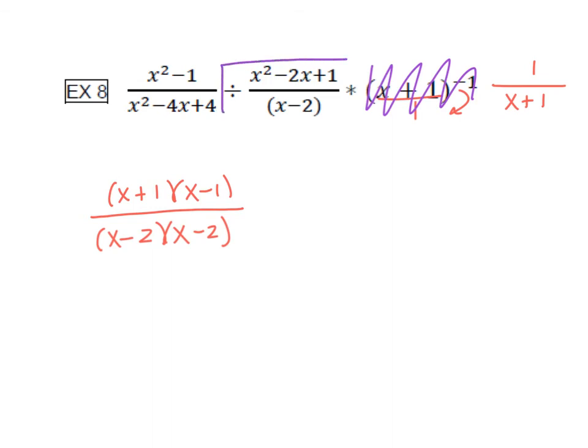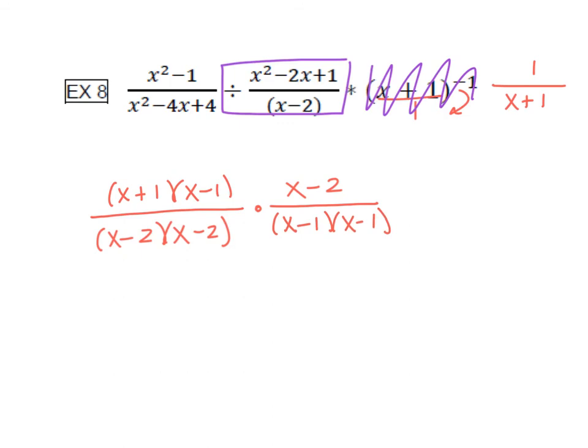All right, divided by this fraction. Remember, we're going to take that division, turn it into multiplication. That x minus 2 goes on top because we're flipping that fraction. And on the bottom, we're going to factor this. It's a basic trinomial. Do we have factors of 1 that add up to a negative 2? And in your head, you're saying, well, yeah, that's a negative 1 and a negative 1.